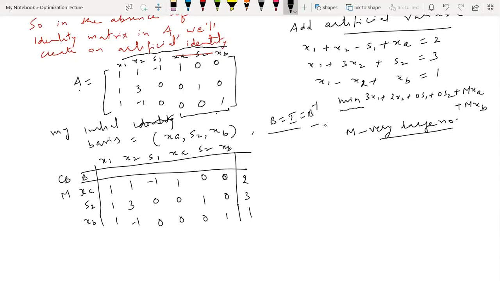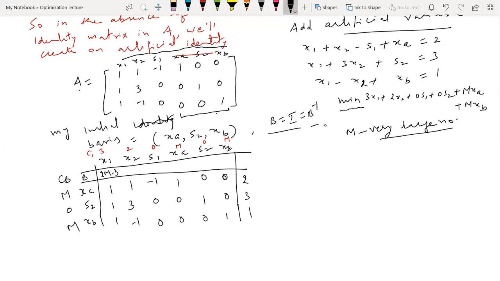Let's see what happens if I take this cost as M. The cost of xa is M, the cost of s2 is 0, and the cost of xb is also M, where M is again a very large arbitrary number. So what is my zj minus cj? If I write my cj here, the costs are 3, 2, 0, M, 0, M. For zj minus cj, you multiply this cB with the first column: M plus M is 2M, so 2M minus 3.